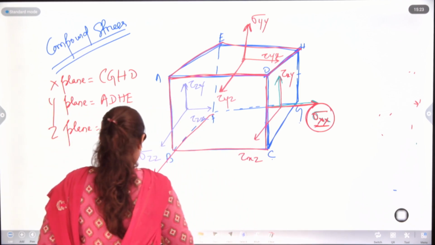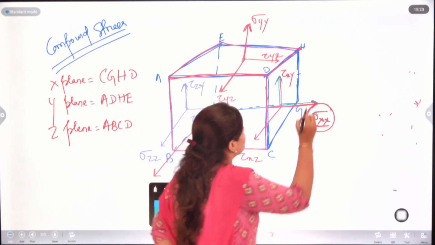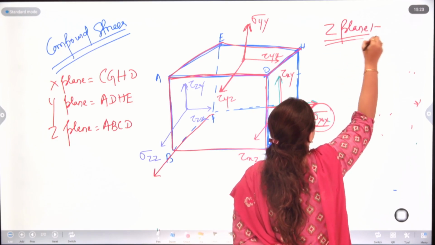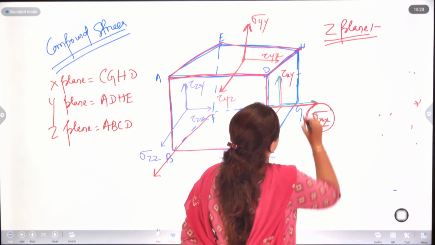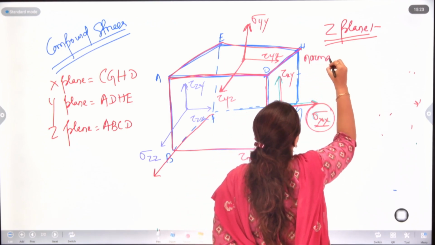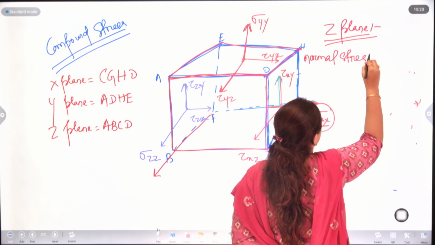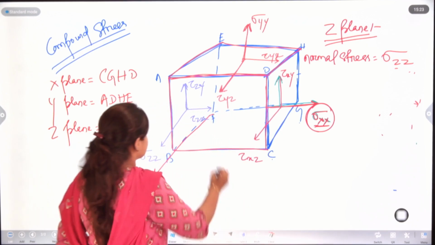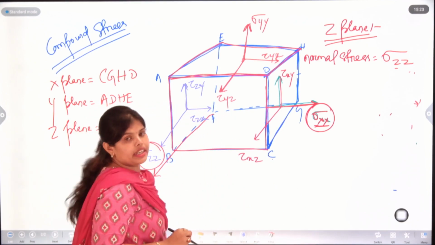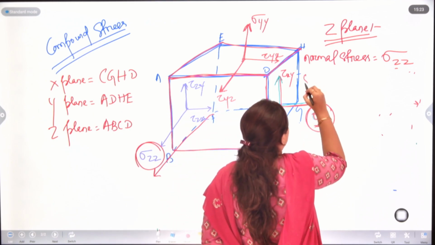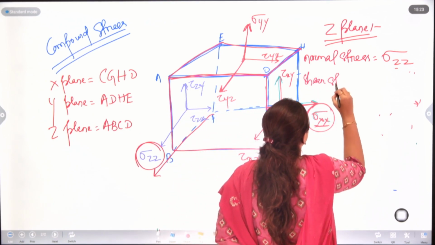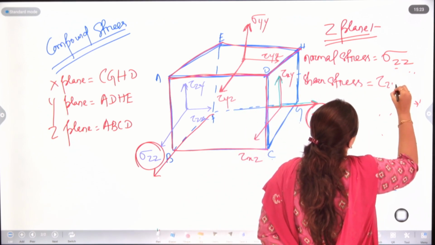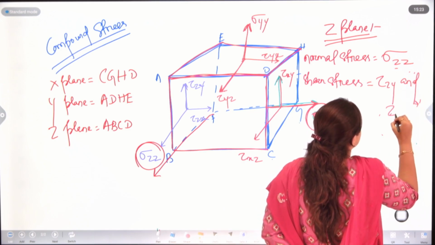So, we can write in the z plane the normal stress is sigma zz, for the z plane and z direction, and the shear stresses are tau zy and tau zx.